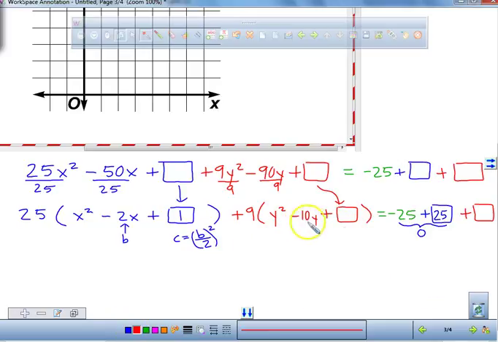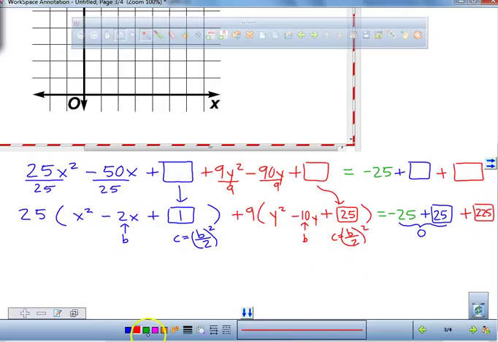What's half of a negative 10? Ooh. And if I take a negative 5 and I square it, what happens? That becomes a 25. But what do I have to multiply that 25 by? I've got to multiply by a 9, and that's 225.